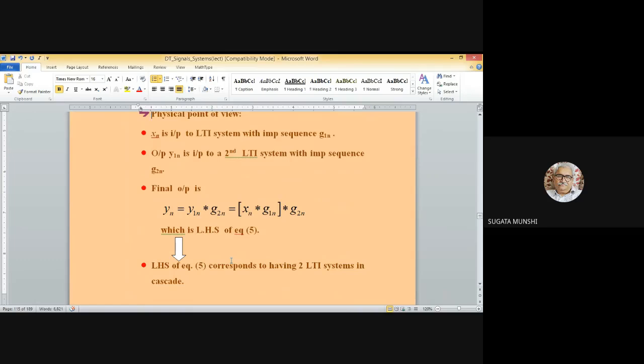In this way, if you have capital L number of DT-LTI systems in cascade, having impulse responses G1n, G2n, G3n up to GLn, then the complete cascade combination will have an impulse response Gn, which is the result of convolution of G1n with G2n, then with G3n, then with G4n, etc. up to GLn.